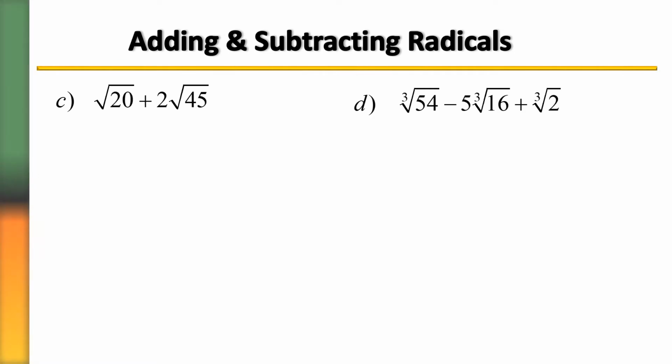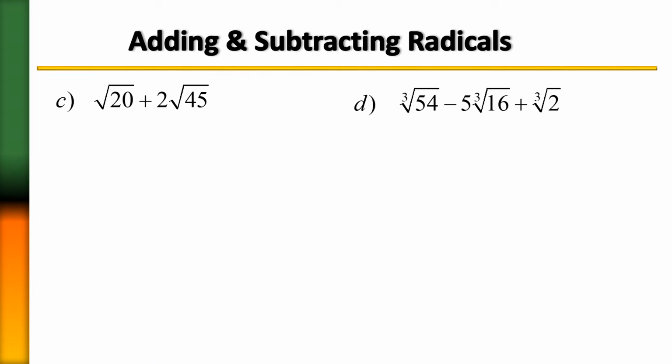Let's look at example C. Notice with example C, the radicands are not the same. So all we can do at this point is simplify the radicals. They're not perfect squares, square root of 20 and square root of 45, but they do have perfect squares inside them. So let's extract the perfect squares out.